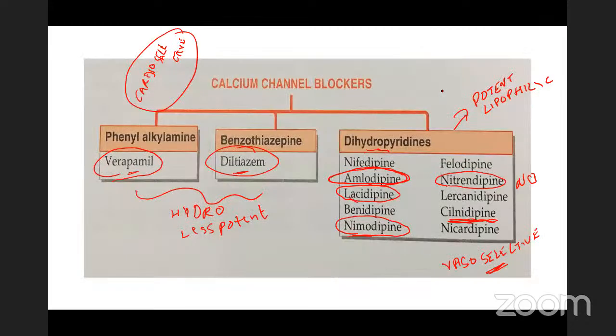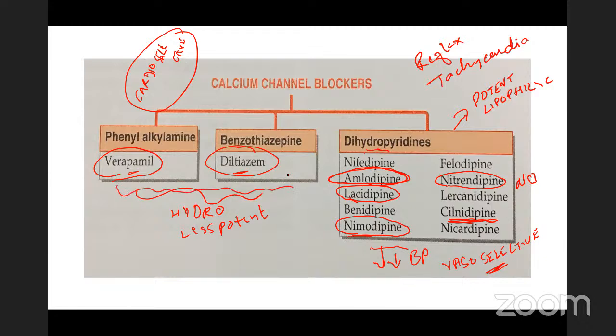So these dihydropyridines, because they reduce the blood pressure, cause reflex tachycardia. It is a compensatory mechanism: there will be stimulation of the sympathetic nervous system, which produces reflex tachycardia. This reflex tachycardia is less in the non-dihydropyridines like verapamil and diltiazem because they are more cardioselective and inhibit the calcium channels in the cardiac muscle.